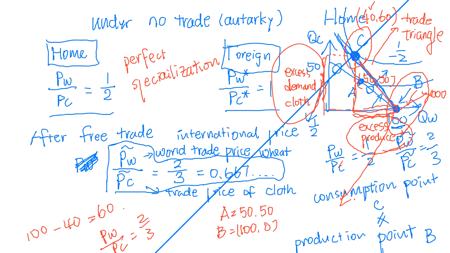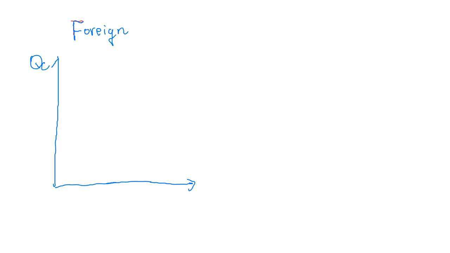So then let's take a look at the foreign country. Go back to the original setting. We have clothes and wheat. MPLC and MPL wheat are equal to 1, equal to 1.